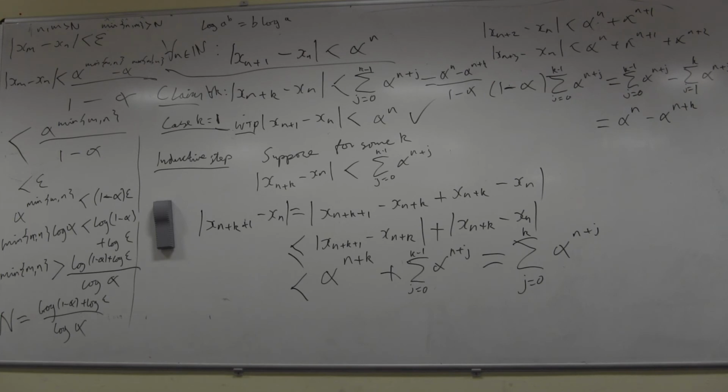21. It was the first one, right? So they got to the same bound, but they took n greater than m, whereas we didn't make that assumption. They had alpha to the power of a minimum, alpha to the power of a small one, so they're the same thing.